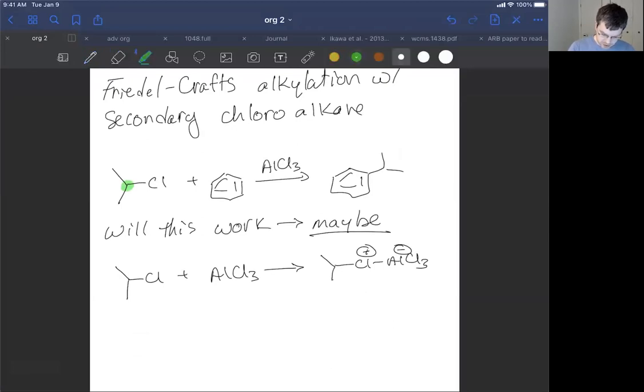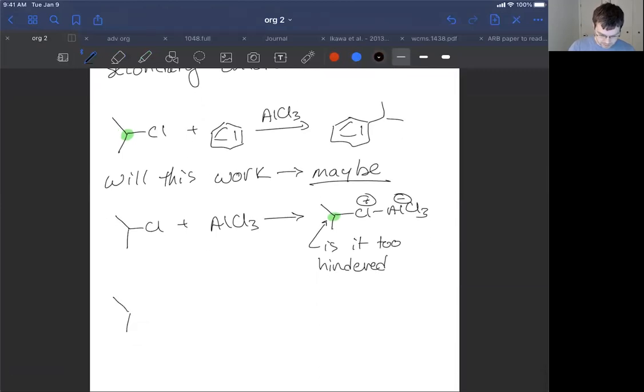Let me ask this question. Is this too hindered? Let's ask another question. Will this occur? What if I have aluminum trichloride with negative, positive? I'm going to take the same complex and absorb the electrons from the carbon-chlorine bond onto the chlorine atom so that it's neutral.